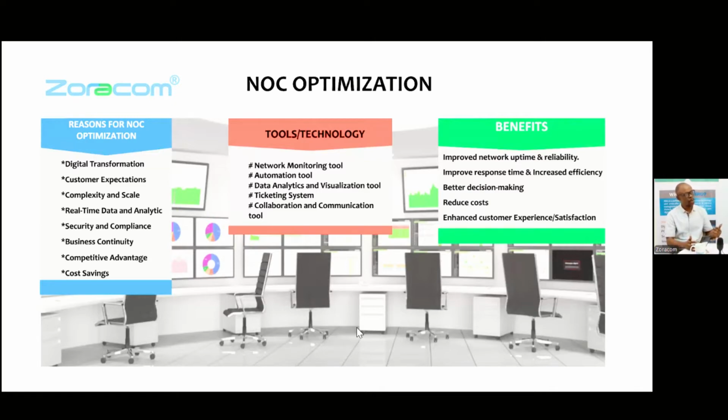You have to ensure that you deliver a better service and experience. This will make you stand out as a NOC. This is one critical reason. Then, of course, with all this, you will have cost savings. So these are the critical reasons why optimizing NOC is very, very important at this time.